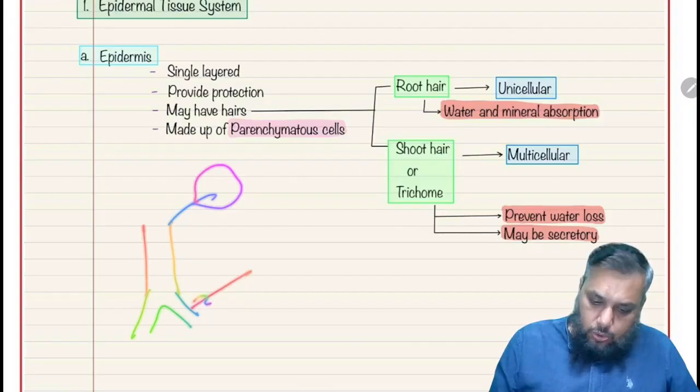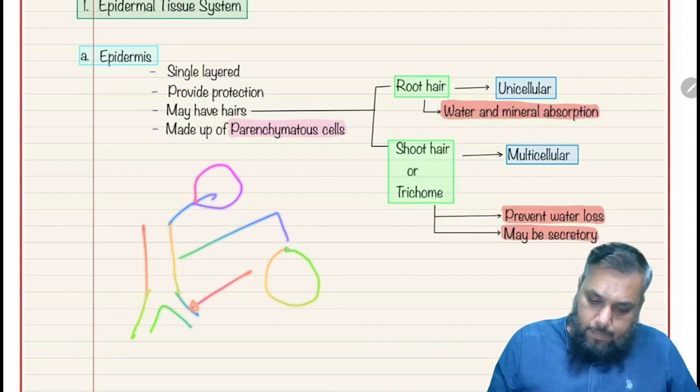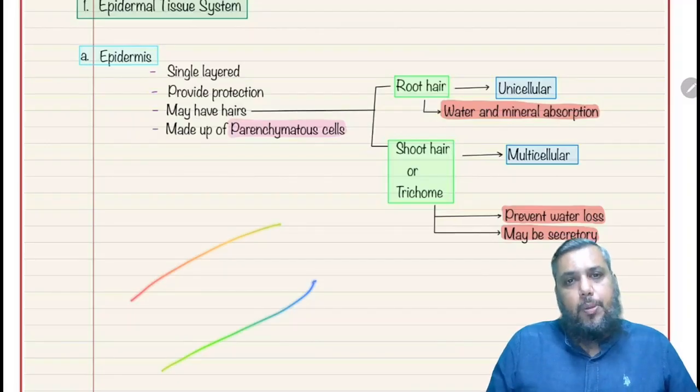If you cut the root, the outermost layer will be epidermis, which is called epiblema. In the stem, the outermost layer will be the epidermis. Even when we cut the leaf, you have an upper epidermis and a lower epidermis.